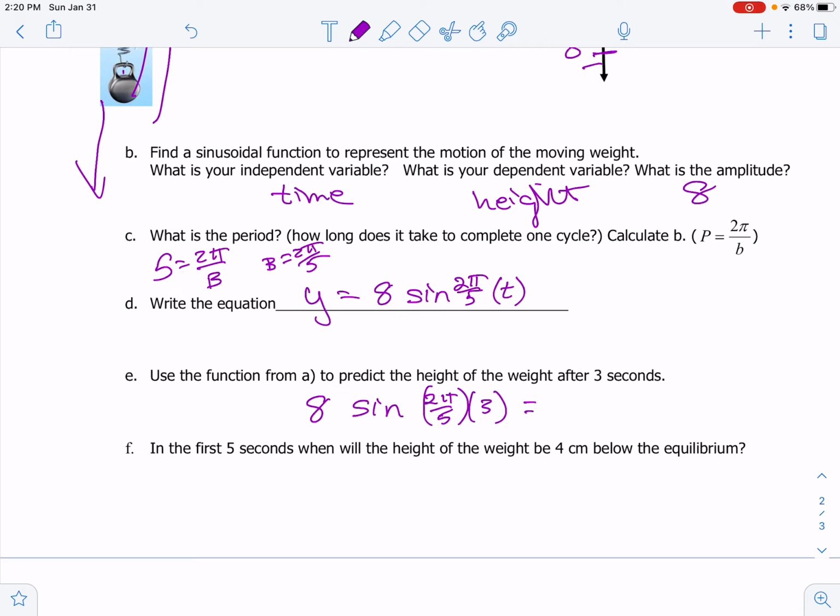The sine of 6 pi over 5. And my calculator's in degrees, so I'm going to get the wrong answer. Set up, go down to angle, radians, better. Okay, now I get negative 0.587, and I multiply times 8, and it's at negative 4.7.